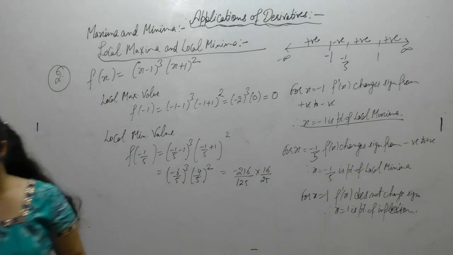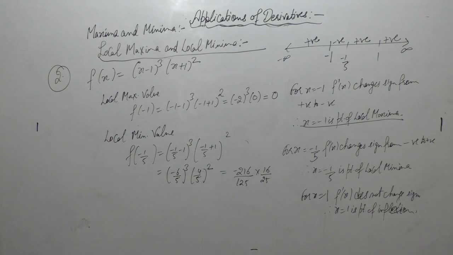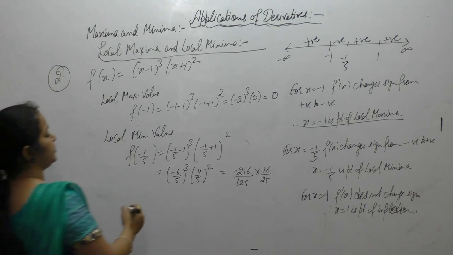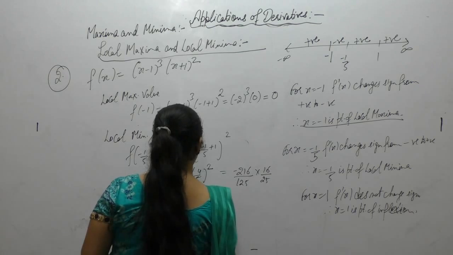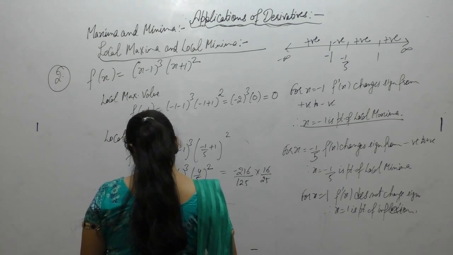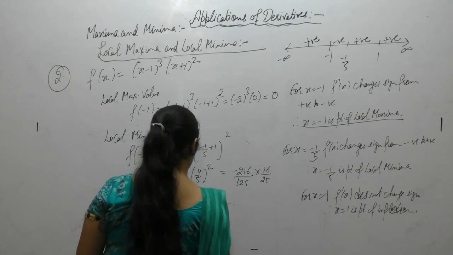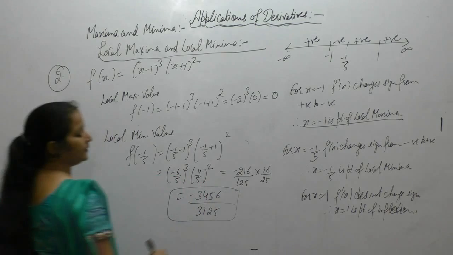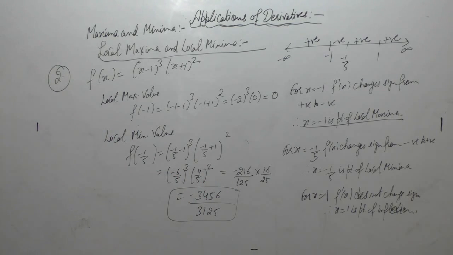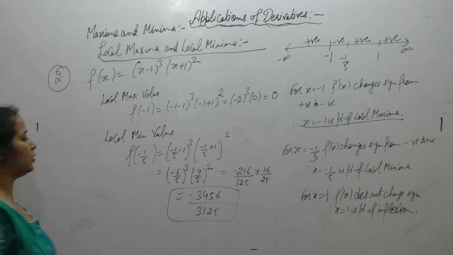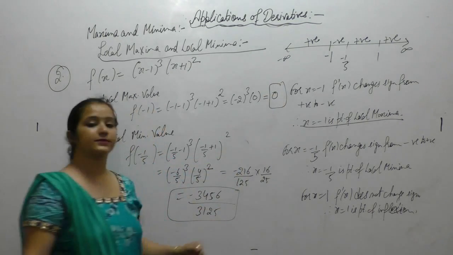We get this term: minus 216 into 16 minus 3, 4, 5, 6, 125 into 25, 3125. So the local maximum value is 0 and the local minimum value is this.